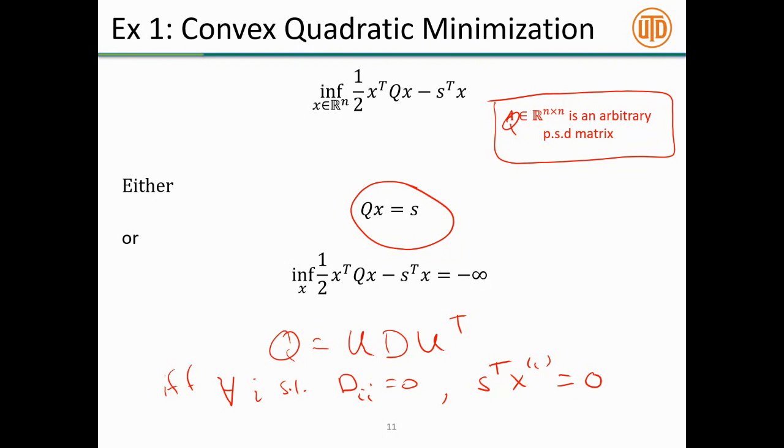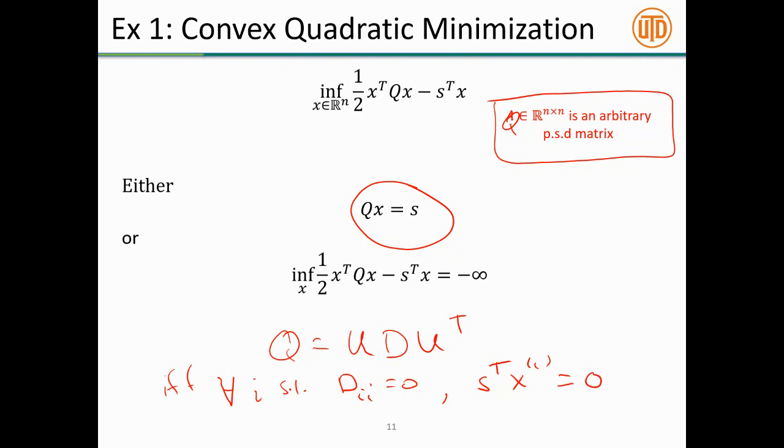What that says is that there's no eigenvector with 0 eigenvalue such that when S is projected along that eigenvector, it's not equal to 0. It has to be equal to 0. It can't have any non-zero component along that direction.